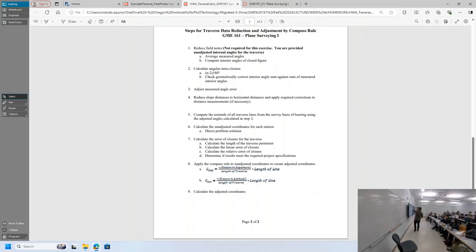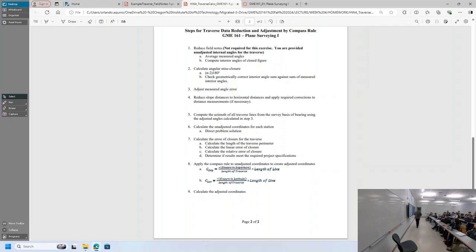But again, now we've got done with 1, AB, 2, AB, 3. 4, we're not doing. It's not necessary, but I will give you the formula for it. It's just your slope distance times the cosine of your zenith angle, I'll show you that real quick. And then we're going to jump over to computing the azimuth of the traverse lines.